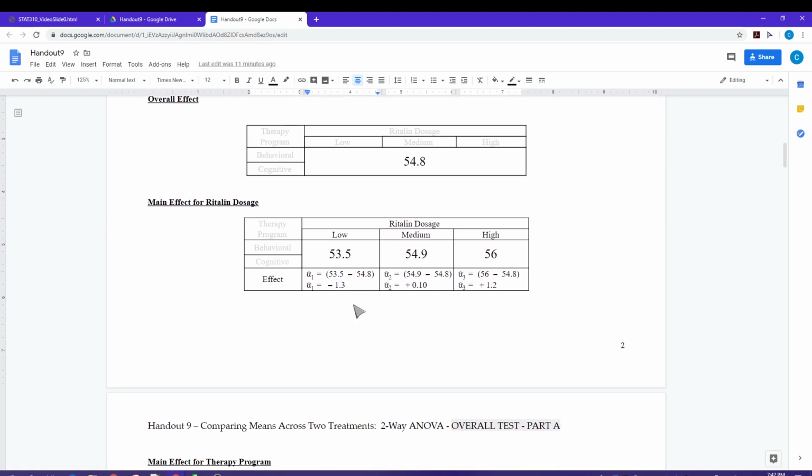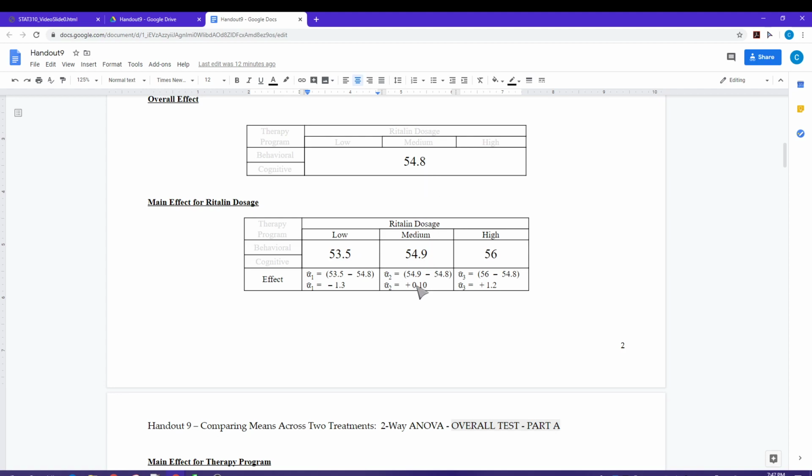Now the effect of the low Ritalin dosage level is going to be negative 1.3. I've got to get from my overall effect down to what we call the main effect for low here. So I need to get from 54.8 down to 53.5. I need a reduction of 1.3. So the estimated alpha 1 term is going to be negative 1.3.